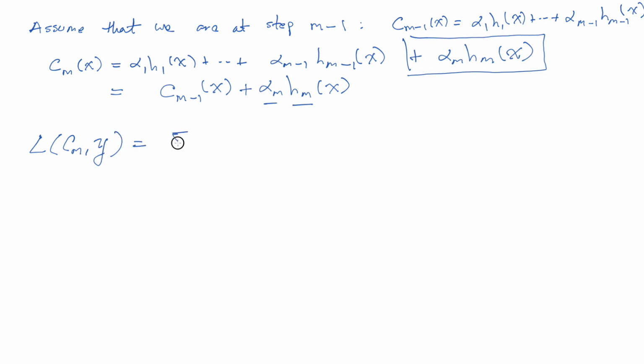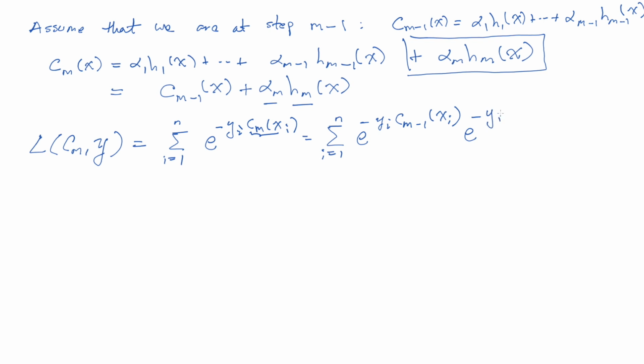It's going to be the sum of, well, we're using the exponential loss, so y_i C_m(x_i). This is just the classification from our boosting model on the point x_i times y_i. And using this expansion, I can rewrite this as e to the power of negative y_i times C_{m-1}(x_i), times e to the power of negative y_i alpha m h_m of x_i.